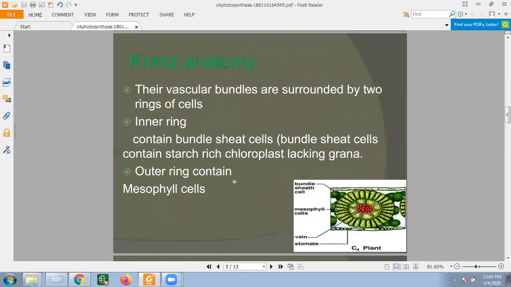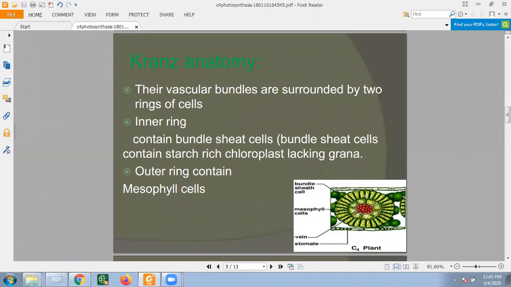So let us see this Kranz anatomy. Their vascular bundles are surrounded by two rings of cells. In this diagram we can see the bundle sheath cells and the mesophyll cells. These two make up the Kranz anatomical structure.